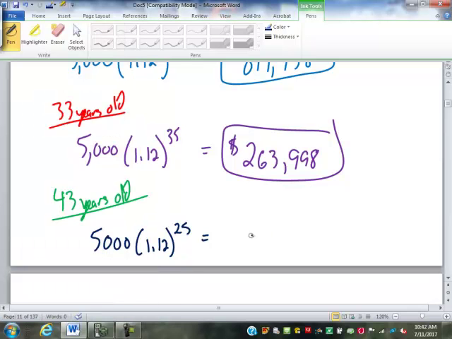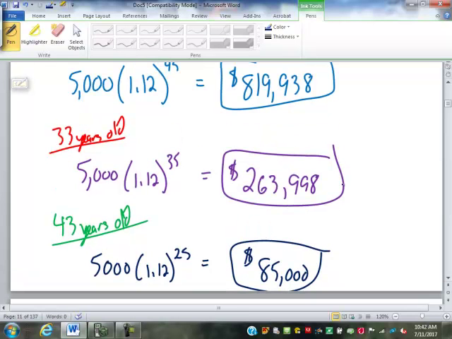I only get $85,000. No, that's just 5,000 once. That's not per year. But here, my $5,000 at 45 is worth about 1/10 or 1/9 of what their $5,000 was worth at 23.